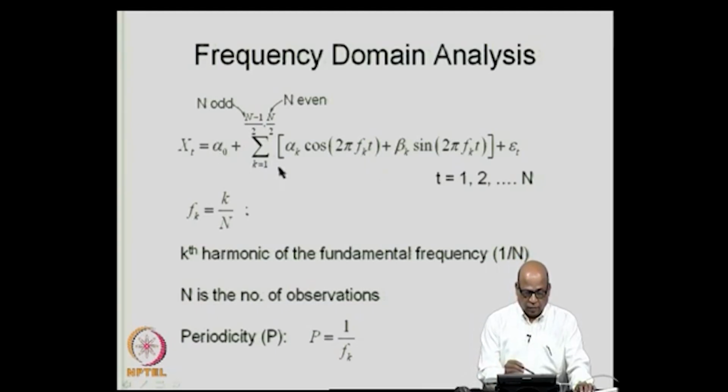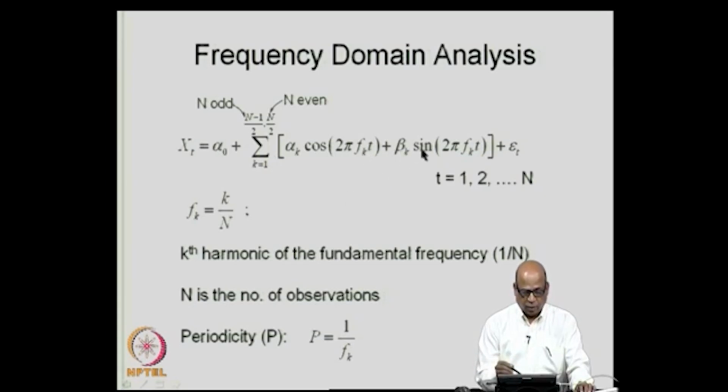For a given k, this f k here is the kth harmonic of the fundamental frequency. The fundamental frequency is simply 1 by n. So, f k is written as k by n. For a given k, we will have expressions for determining alpha k; you know f k, and you are writing for the time period t, therefore this t is known.